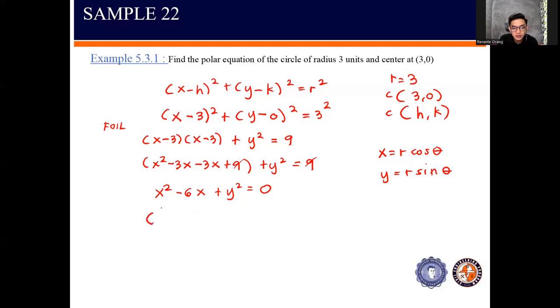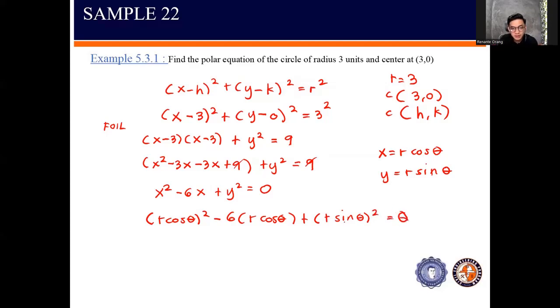So x squared, we replace x with r cosine of theta. Minus 6, then another x again, r cosine of theta. And then for the y, same as before, we just replace it with r sine of theta squared is equivalent to 0.